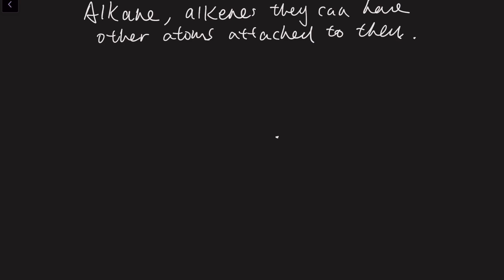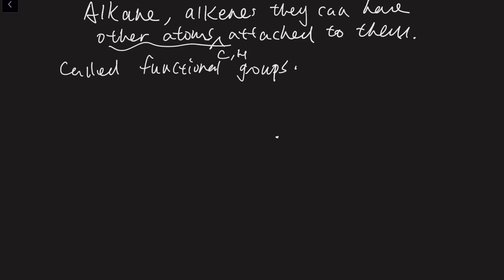So whenever we have some other atoms other than carbon or hydrogen attached to alkanes or alkenes, they are called functional groups. So why is this called functional group?